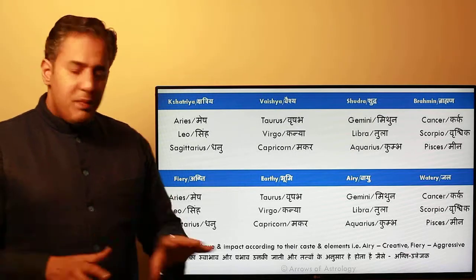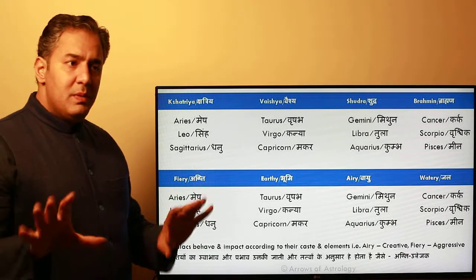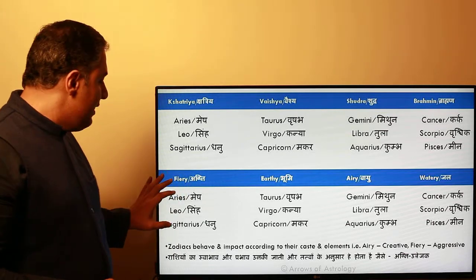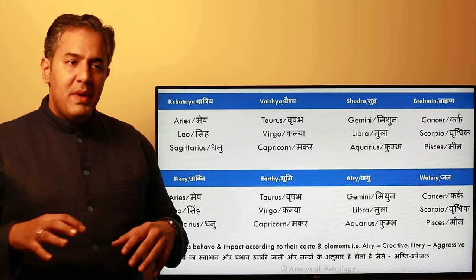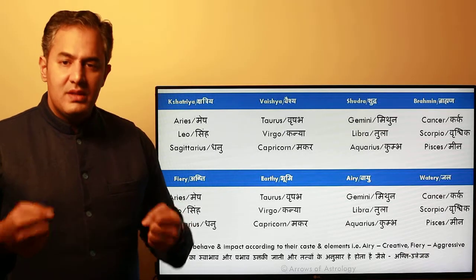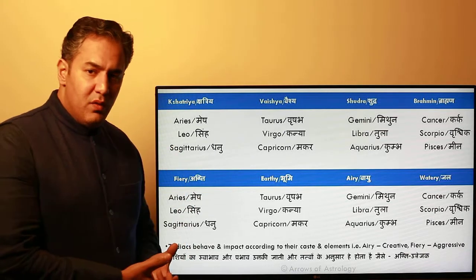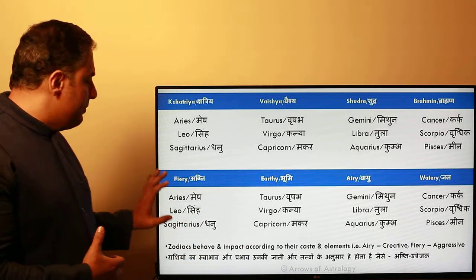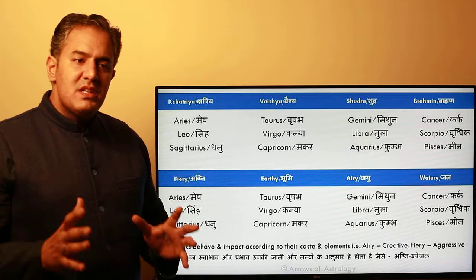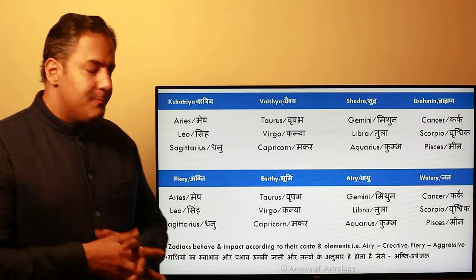A lot of planets will, because if a planet is influencing a fiery sign, a bigger planet, or a planet which will make the person heavier, then that is a planetary influence. Otherwise, the basic root influence of a fiery sign would be to keep the person more energetic, more lean.